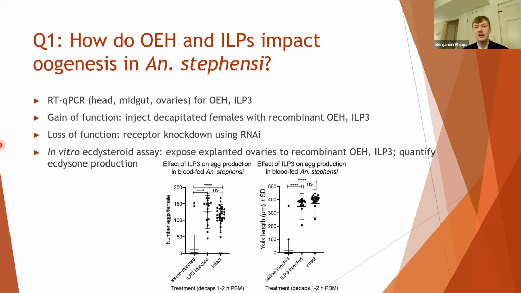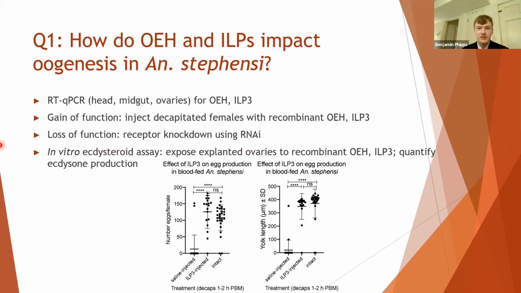And believe it or not, in many insects, the individuals that are decapitated can survive for several days. And this has been done in our lab with mosquitoes. And so far, I have seen that blood-fed mosquitoes that are decapitated fail to produce eggs.